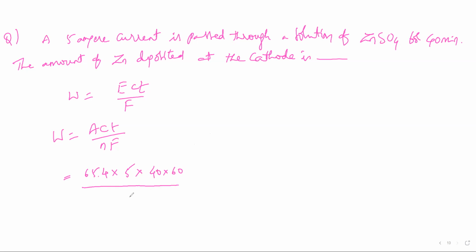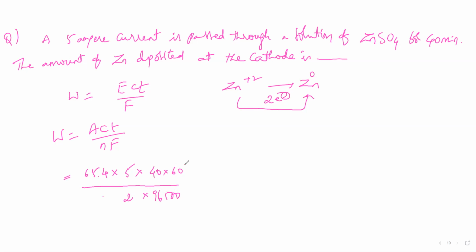n, the number of moles of electrons transferred. Zinc sulfate means Zn plus 2. It's converted into Zn. So how many electrons are transferred? Plus 2 to 0, that means 2 electrons are transferred. So this is multiplied by 2 into Faraday's constant, that is 96,500 coulombs.